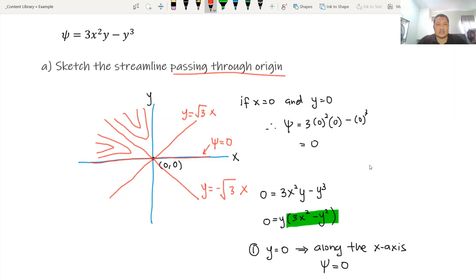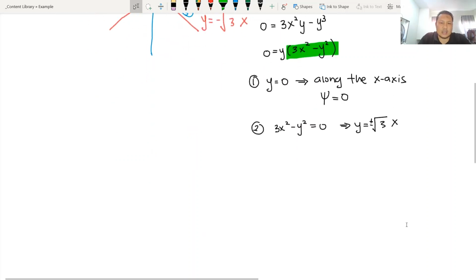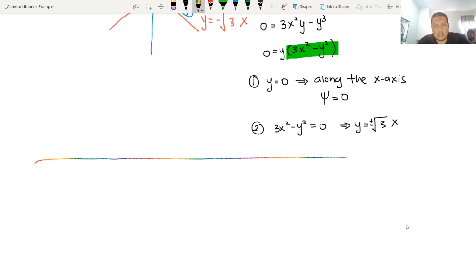But in this question, it is limited to passing through the origin. So we have three lines, 1, 2, and 3, passing through the origin. Let's finish question A, and now we proceed to question B.